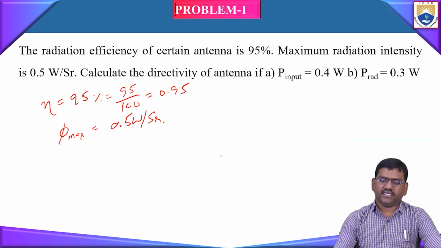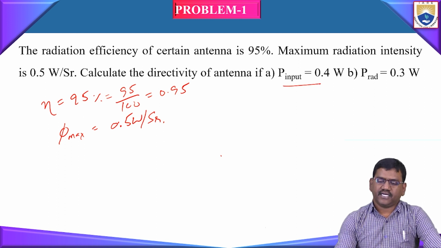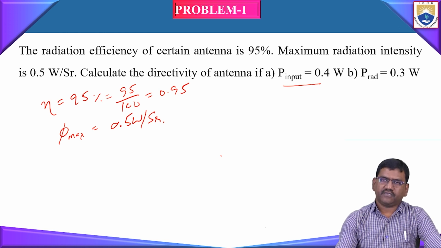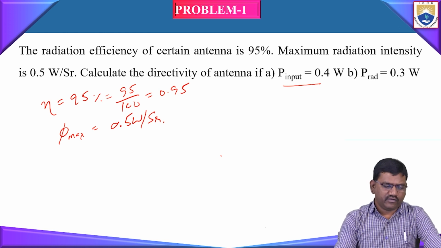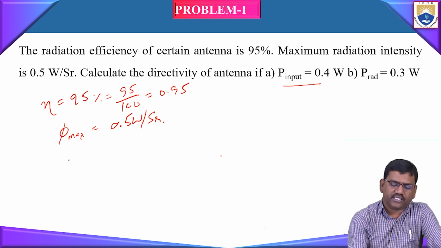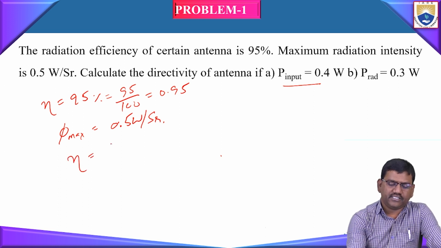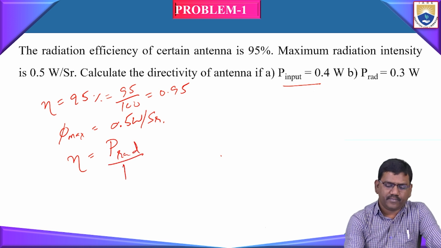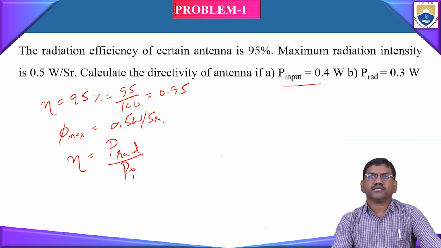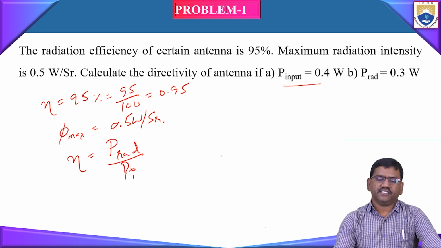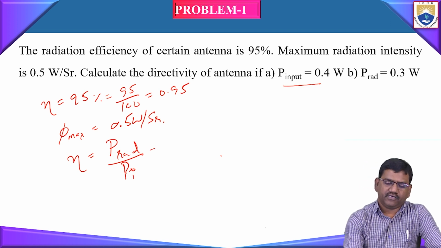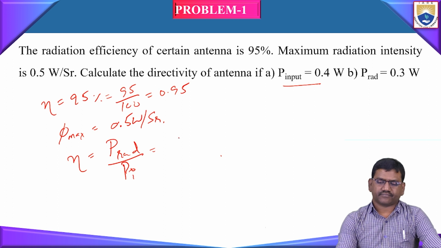First we need to calculate the directivity for the given input. What is the input given here? The power input is given as 0.4 watts. We know the formula: efficiency is equal to P radiated divided by P input.